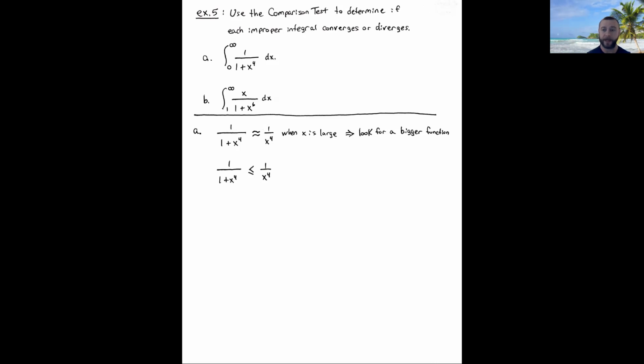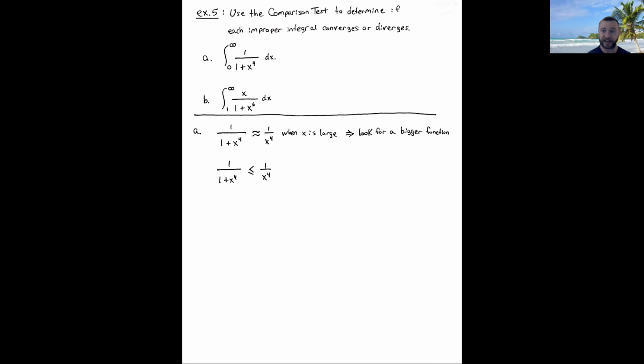Now, since that approximation looks like the p integral function, 1 over x to the 4th, we think here the exponent is 4, bigger than 1. So this looks like a convergent p integral function. We think our improper integral here for part A looks like it might converge.